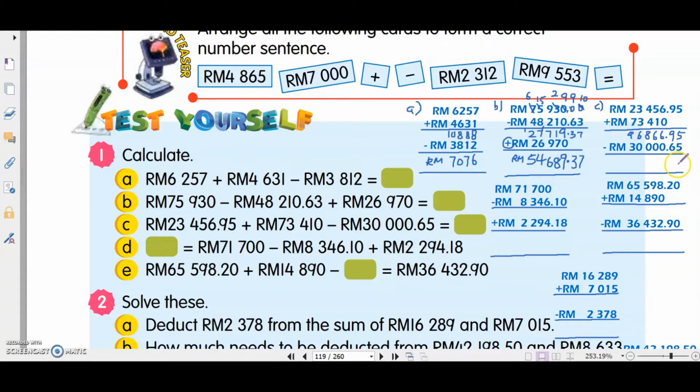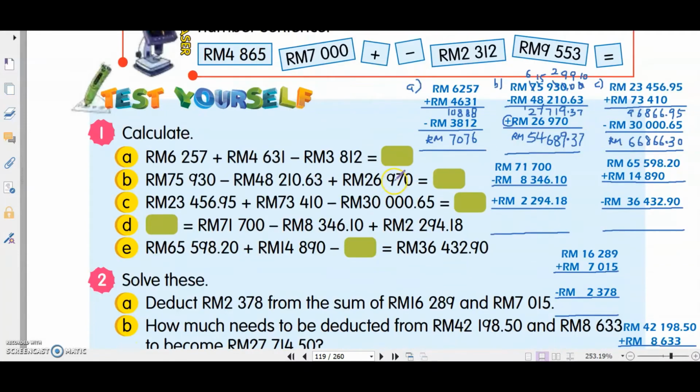Then we minus. 5 minus 5, 0. 9 minus 6, 3. Decimal point. 6 minus 0. 6 minus 0. 8 minus 0. 6 minus 0. 9 minus 3. RM, don't forget. So your final answer, 66,866 ringgit and 30 cents.